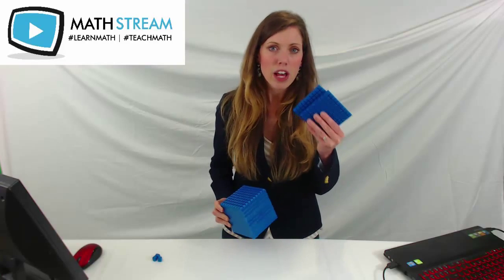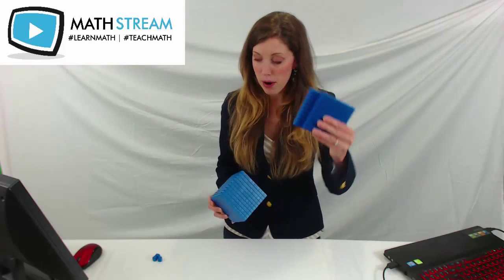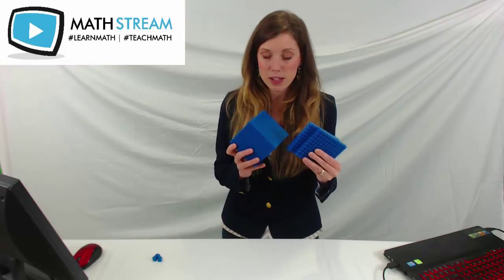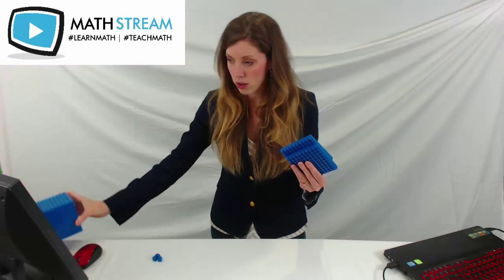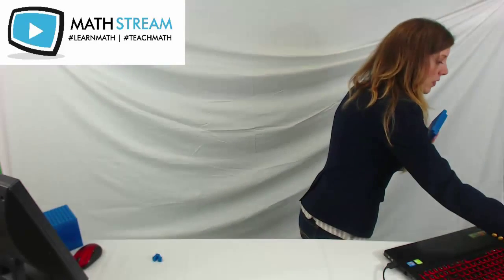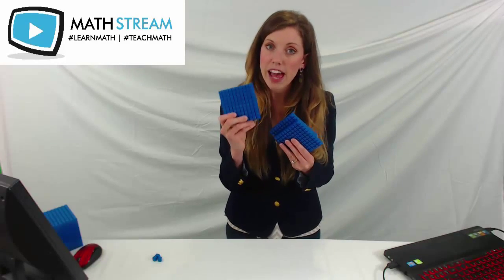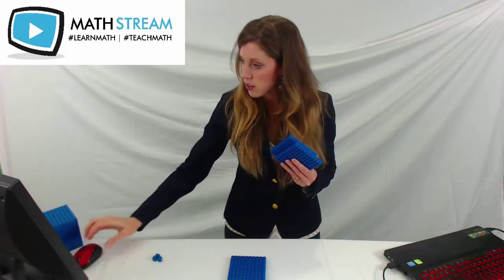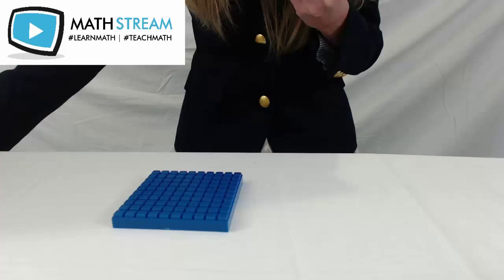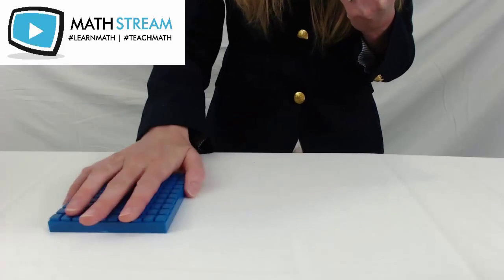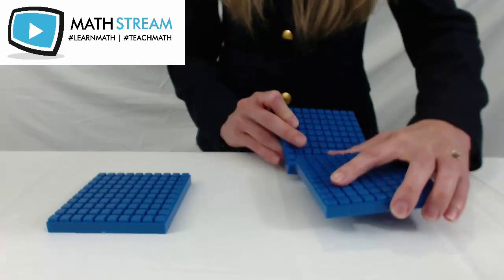So again, this is the whole. This is the part. Let's keep it the same as far as the part, and let me change the whole so we can see what happens. So instead of this being our whole, how does it change if a flat is the whole? So again, let's look down here so we can see it up close. Whole, new whole, part.